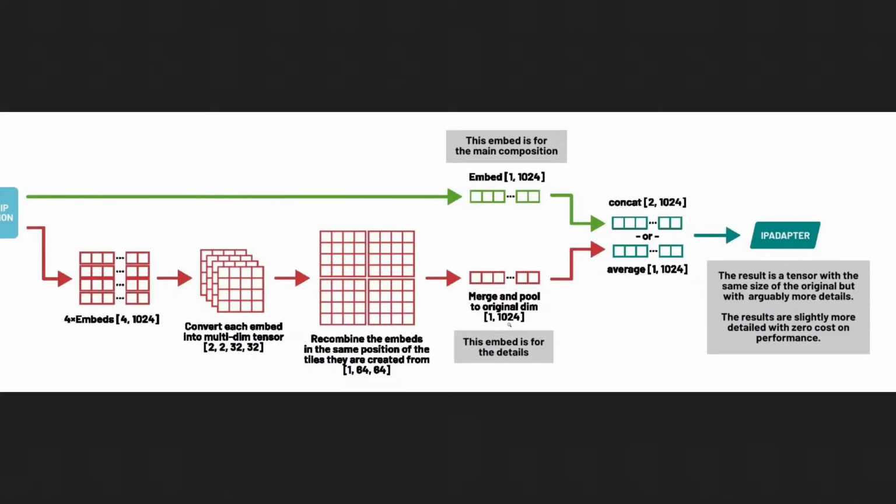So basically, I have 1024 numbers to describe our image. So no matter how many embeds I have, they will be converted back into a 1024 embed. So I cannot put too many details into that. All I'm doing is basically giving like a microscope to the IPAdapter, to the ClipVision.